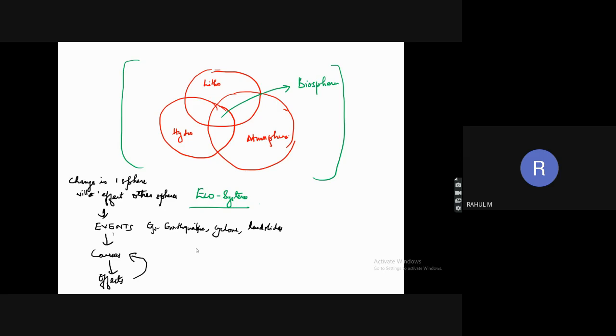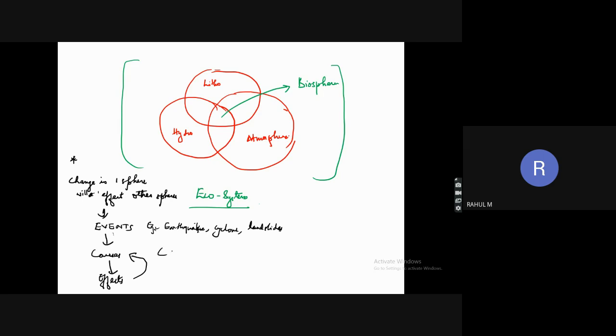Okay, so I hope it is clear, right? The note is: a change in one sphere will affect the other spheres, and this is called events. Examples for the events are given here: earthquake, cyclone, landslides. All these are events. These events can become causes.